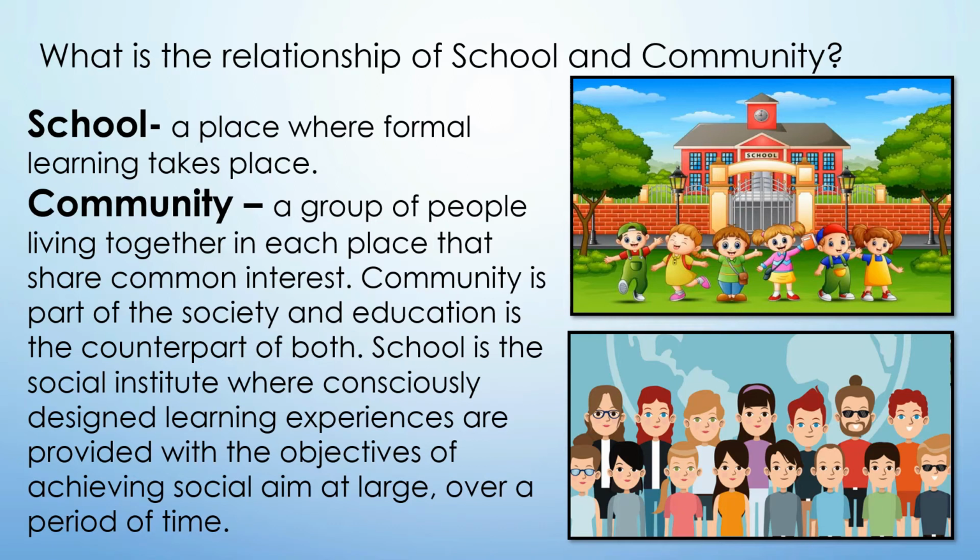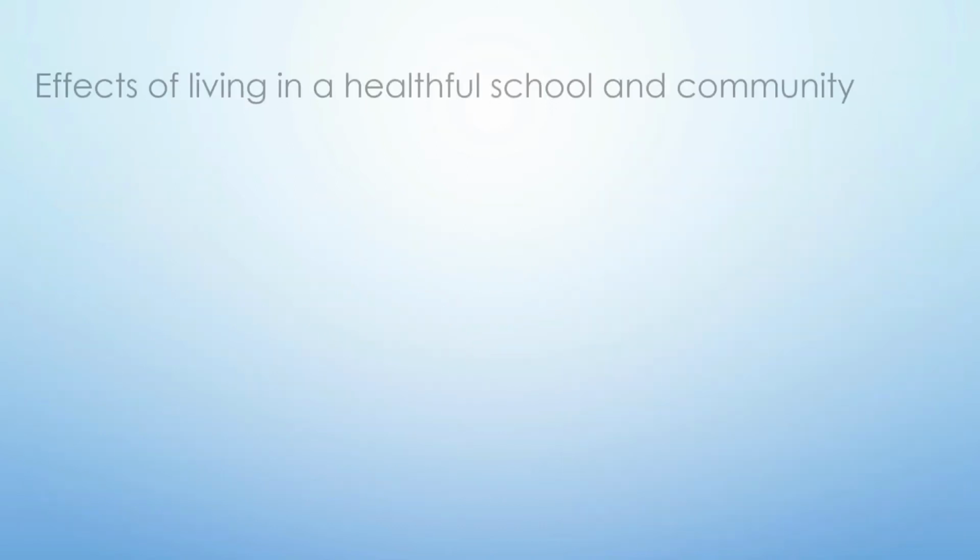Community is part of the society, and education is the counterpart of both. School is the social institute where consciously designed learning experiences are provided with the objectives of achieving social aim at large over a period of time.